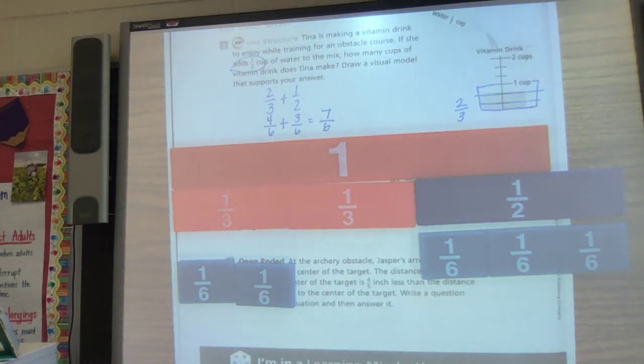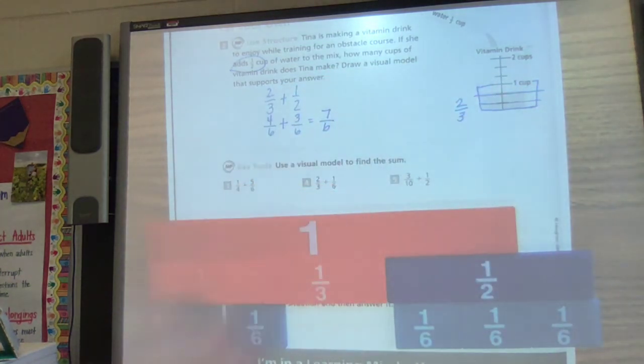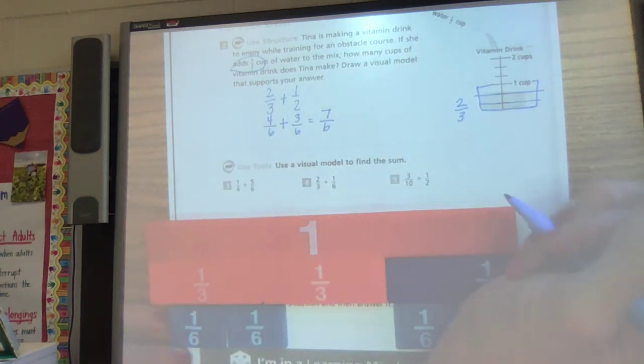You may remember that a fraction that has a larger numerator than denominator is called improper.